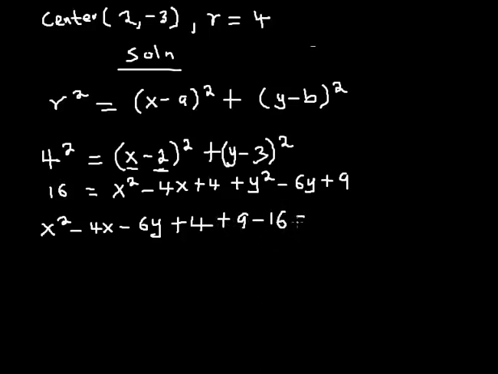Then everything is equal to 0. So this is going to be x squared minus 4x minus 6y. Then 4 plus 9 gives me 13. Then 13 minus 16, what do I have? That should be minus 3. So minus 3 is equal to 0. So that is the equation of that circle. As simple as that.